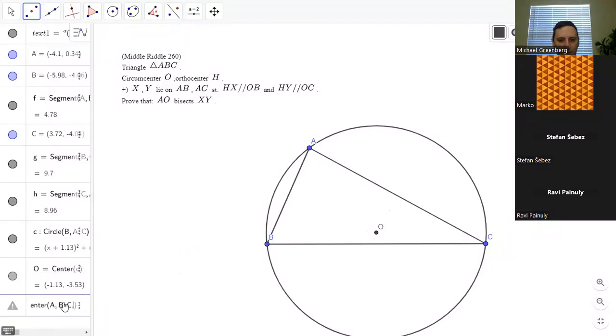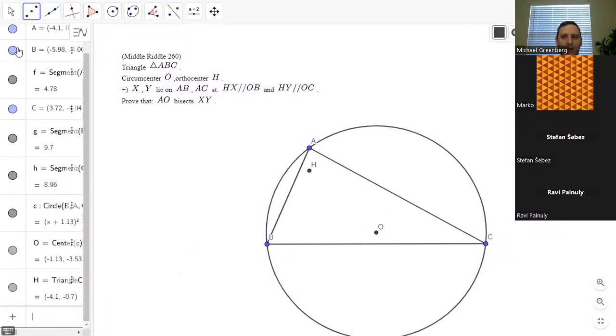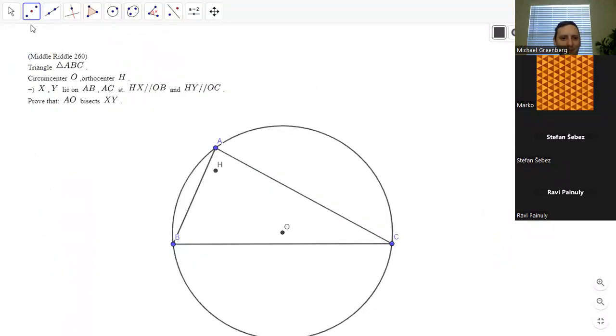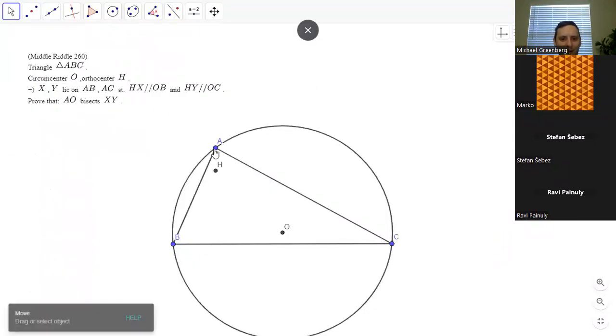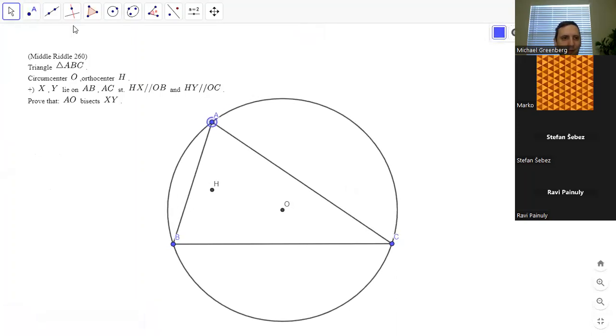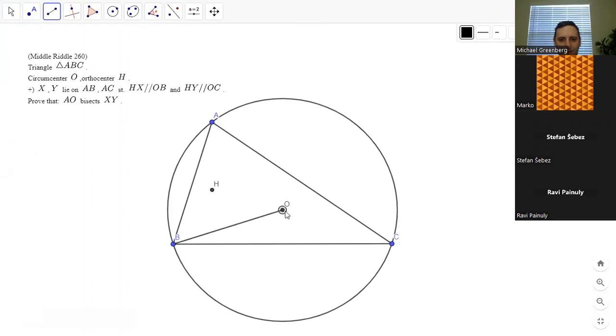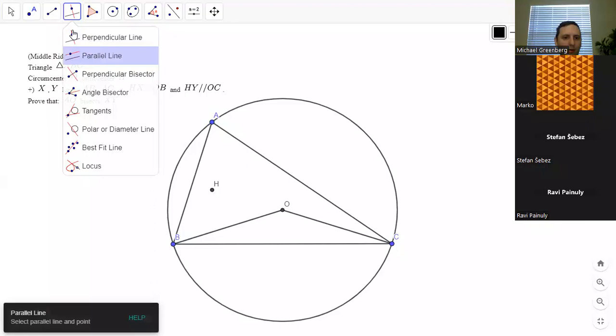Oops. And X and Y lie on AB and AC. So that HX is parallel to OB and HY is parallel to OC. All right. So we'll draw some parallels here.